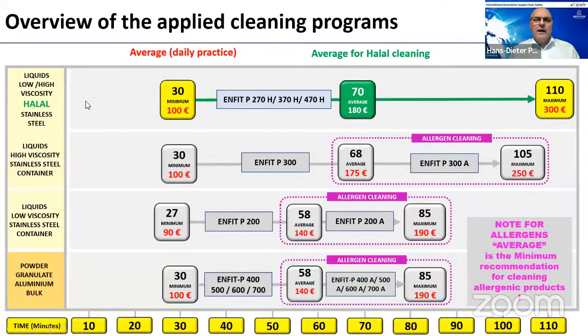That means when I look for this example here, for liquids with high viscosity, the minimum time should be 30 minutes to use the NFIT program 300, the average of this is 68 minutes, and the maximum time is 105 minutes. Why? A cleaning is depending on the amount of residues in the tanker.